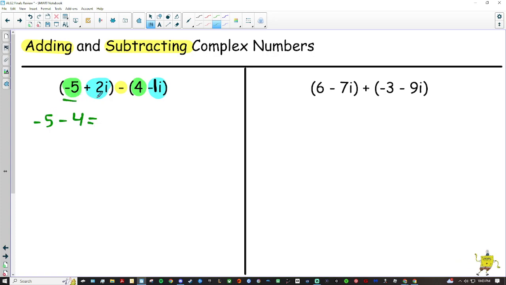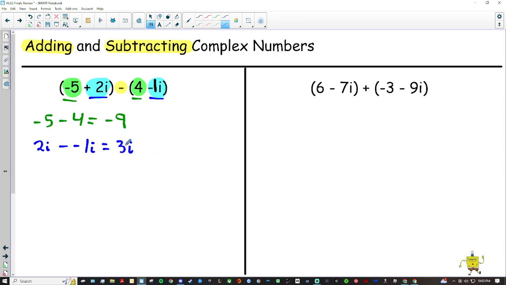-5 minus 4 is -9. With my imaginary numbers, I'm going to do the same thing. I'm going to take my 2i minus my -1i. This is exactly how I'd put it in my calculator. 2 minus -1 is 3i.